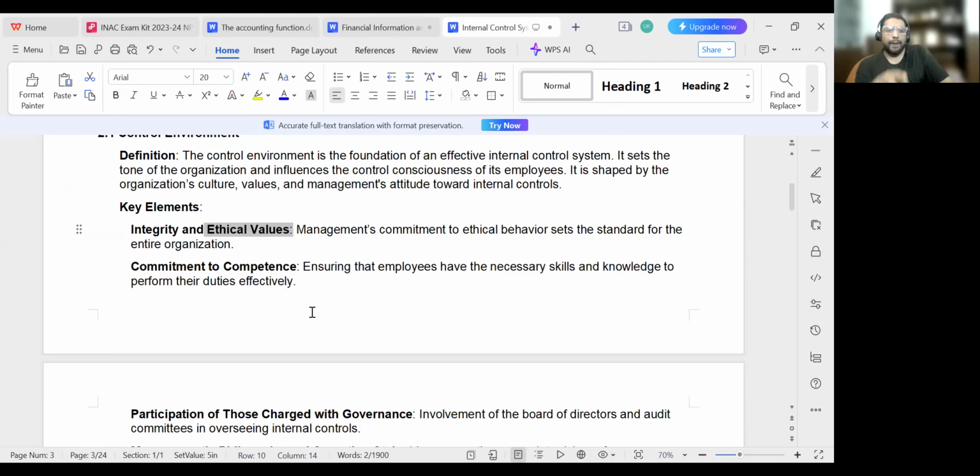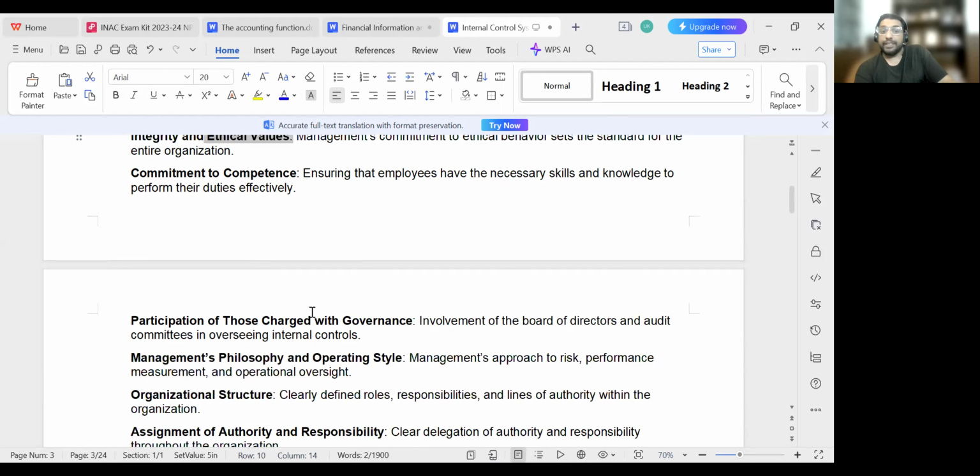So how much importance is given in an organization to all of that? That's one of the key elements of the control environment. And commitment to competence: how committed you are to deliver your job with competence, right?